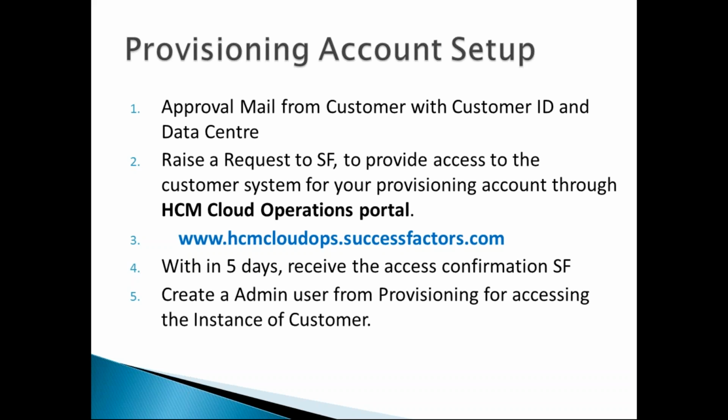That is the approval mail that you have to take, and you also have to take the company ID of the customer. Every customer is given one unique ID for their project implementation. Say Coca-Cola implementation has one unique ID, PepsiCo implementation has one unique ID, like that. So what is the ID that has been generated by SuccessFactors for them? You have to take that.